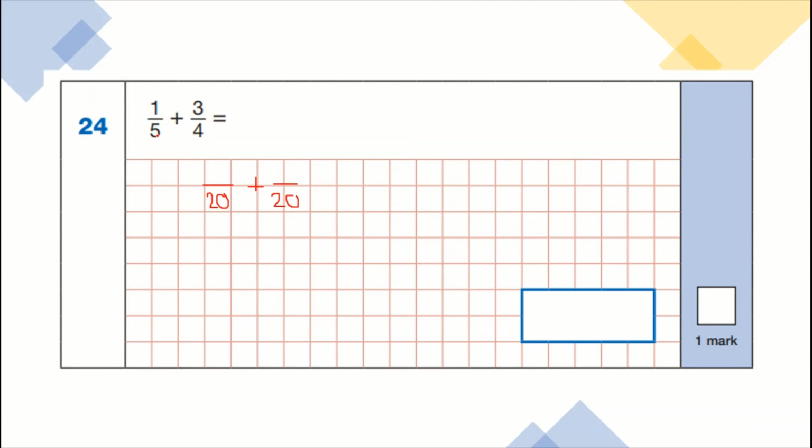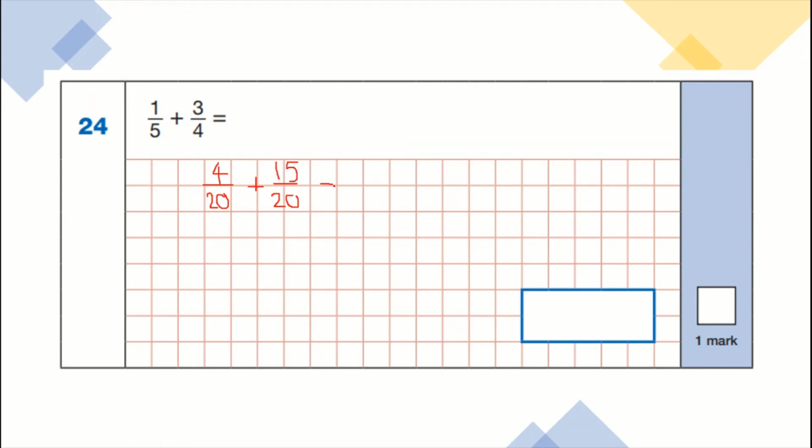So whatever we do to the bottom, we also do to the top. 4 times 1 is 4. We've times 4 by 5 to give us 20, so we also times 5 by 3 to give us 15.